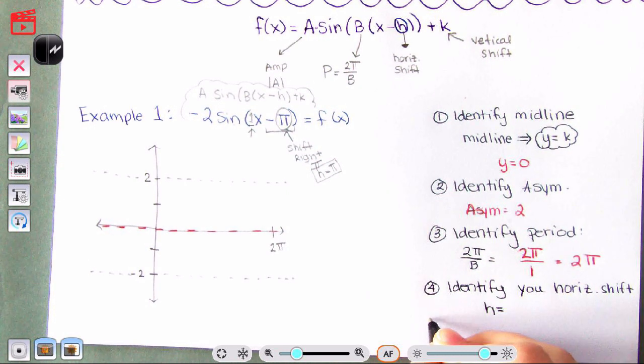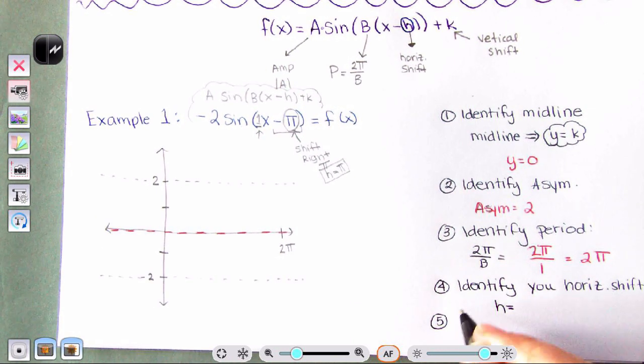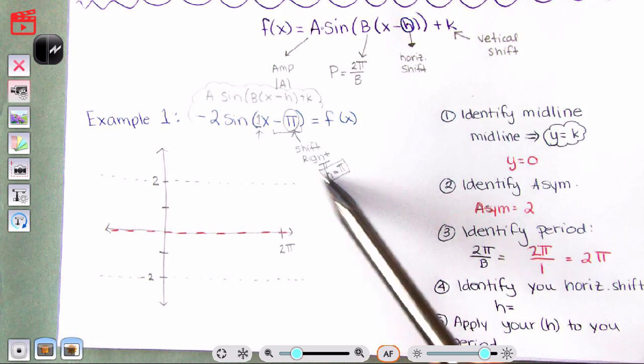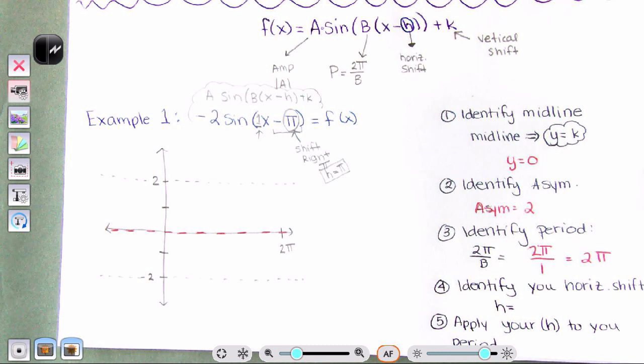And then step number 5, I'm kind of running out of room. Apply your h to your period. You've seen me identify what my h is. My h is pi. So what's happening to it? We are shifting to the right pi.